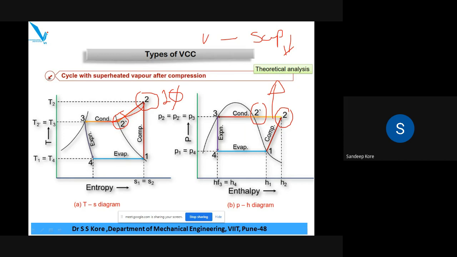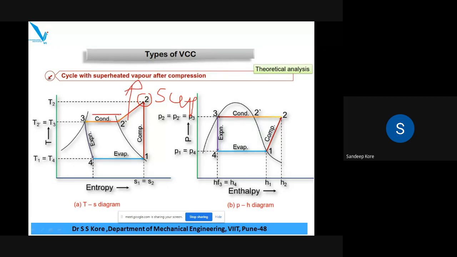So 2 to 2 dash is the rejection of heat to the cooling medium, converting the superheated vapor into dry saturated vapor. At point 2 we have superheated vapor, it rejects heat to the cooling medium, and at point 2 dash it becomes dry and saturated vapor, again in vapor form.